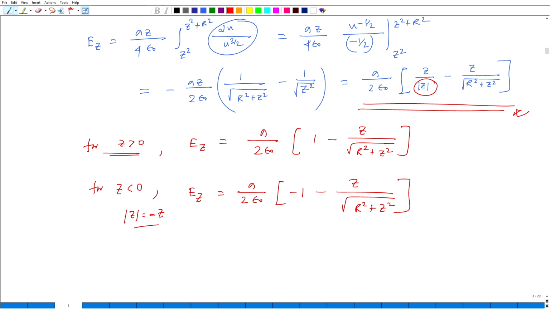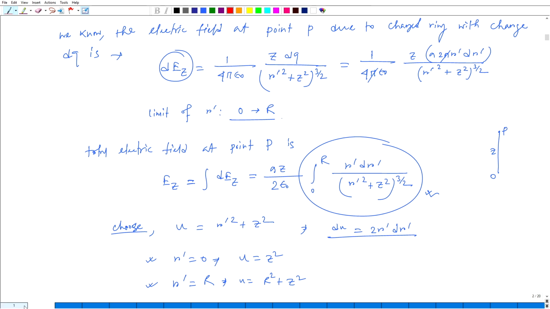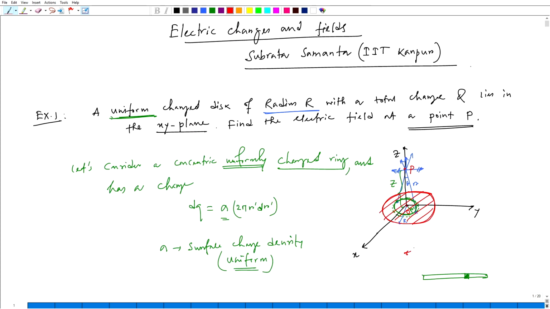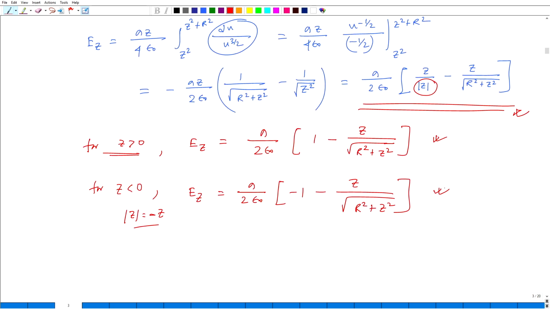So, if we take z less than 0, that means below the plane of the charged disk, okay, or the above point, any point. The interesting point is that if we calculate the difference between these two values of Ez, there is a finite discontinuity. So, we will come to this point.